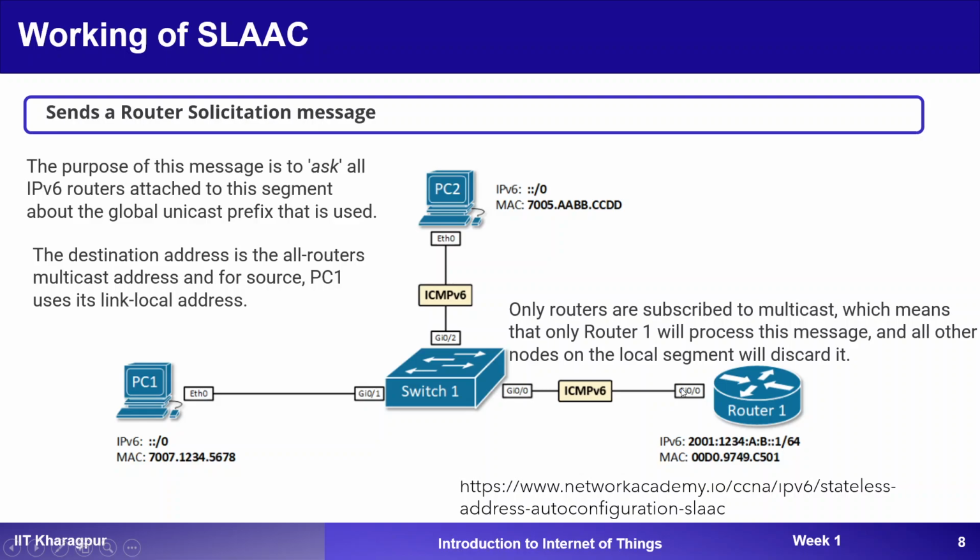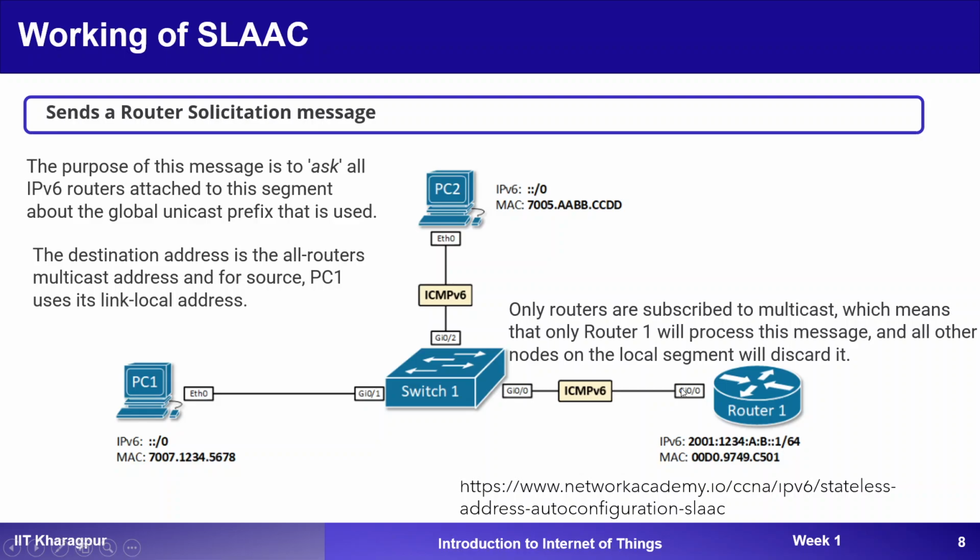Now after that, the next step is the configuration of the global unicast address. Now we have to combine the prefix with the EUI64 interface ID. This EUI64 interface ID is the address which we have got in the previous step.